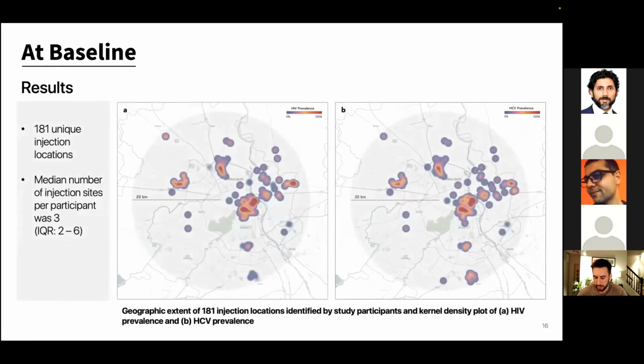And as I mentioned, in addition to individual social or injection partner networks, we were also interested in spatial networks in the form of injection venues. The study participants identified a total of 181 unique places where they injected drugs in the prior 6 months, and that spanned about a 20-kilometer radius in New Delhi. Here you can see a kernel density plot of HIV and hepatitis C prevalence across these sites.